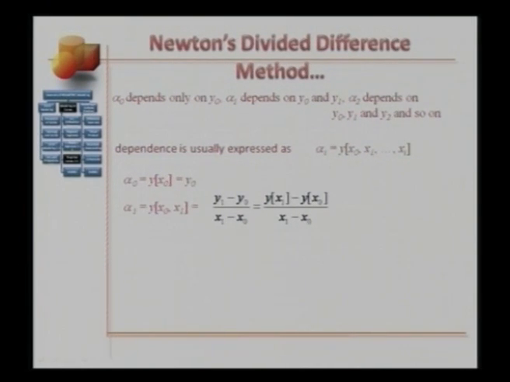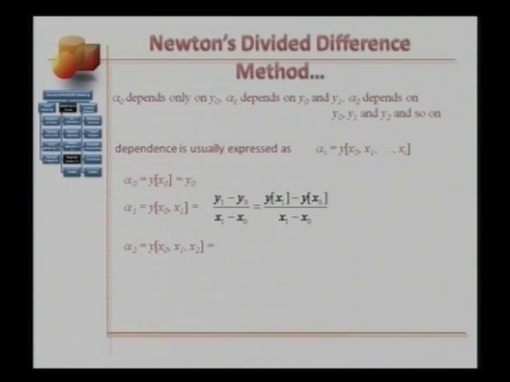So far, so good. How about alpha 2? From this notation, we have alpha 2 is equal to y within square parenthesis x0, x1, and x2.